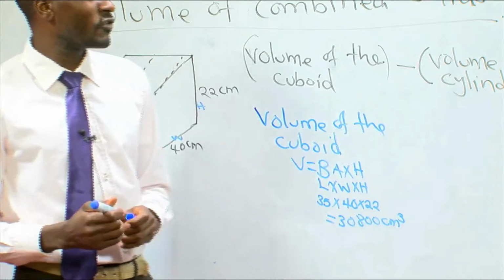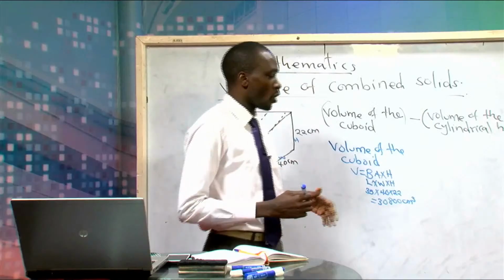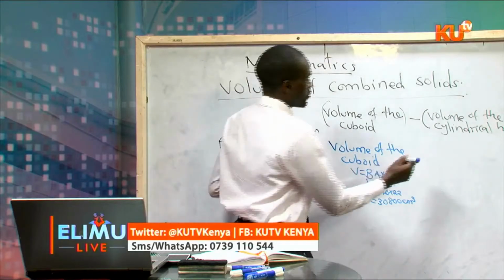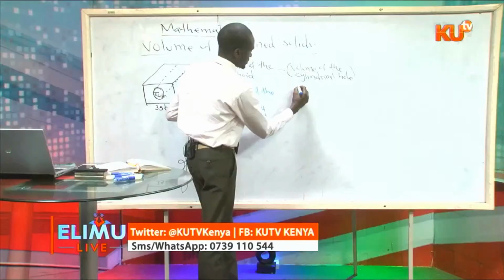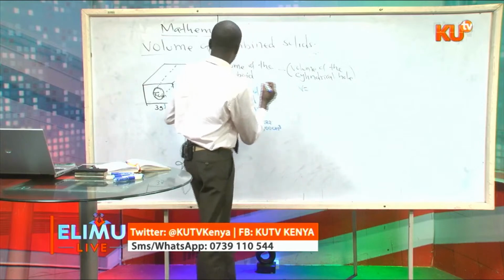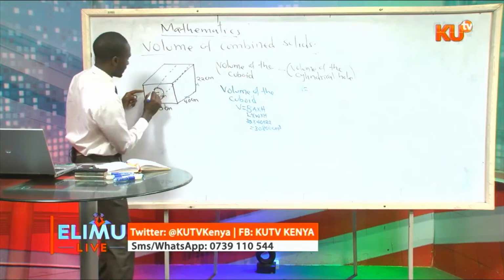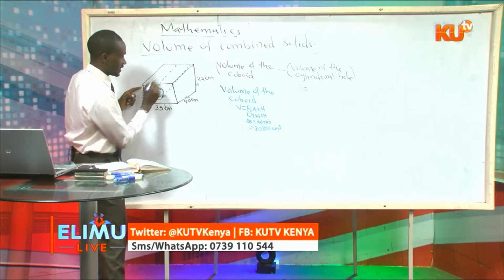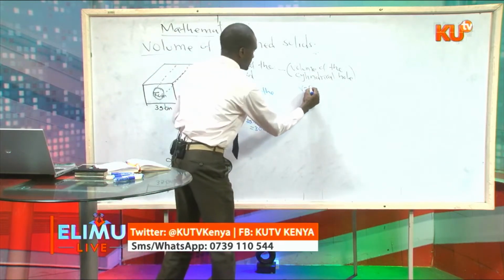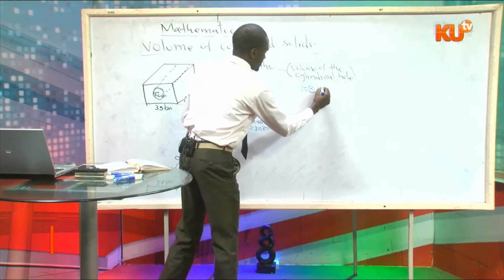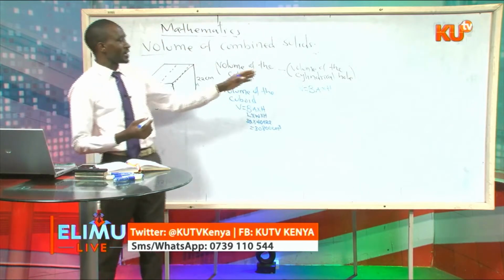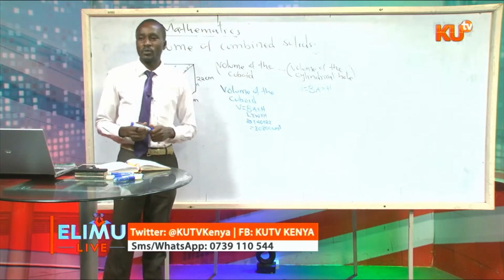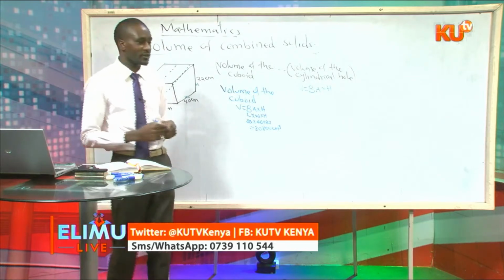Then you find the volume of the cylindrical hole, which is, we have the circle here as its base area. This is the general formula. When you say base area times height, this is a general formula which guides you to find the volume of any figure given.